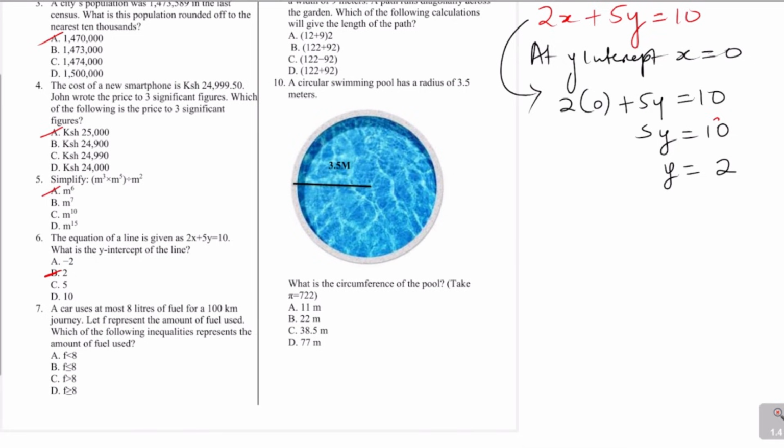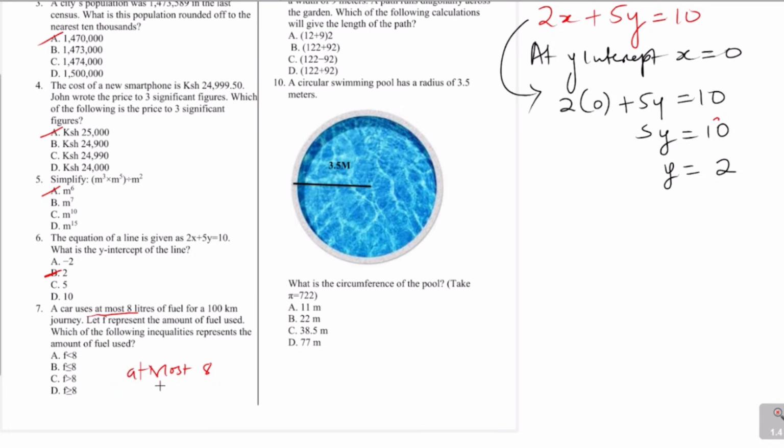A car uses at most 8 liters of fuel for a 100 kilometers journey. Let F represent the amount of fuel used. Which of the following inequalities represent the amount of fuel used? That is a question on inequalities. So the car uses at most 8 liters, and you're supposed to use F to represent the amount of fuel.